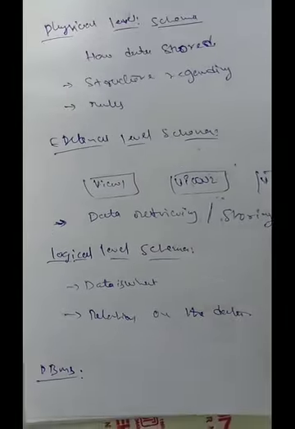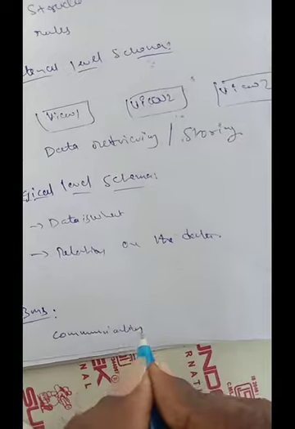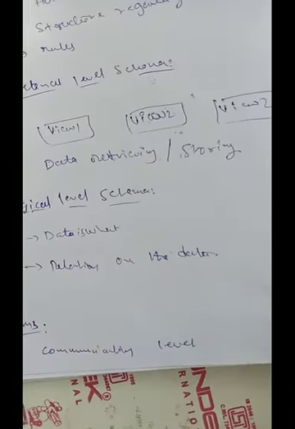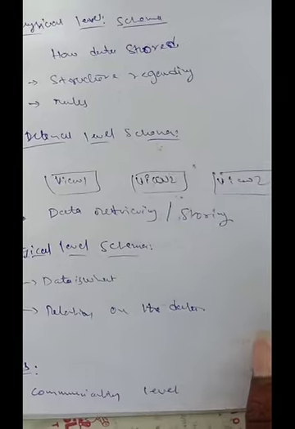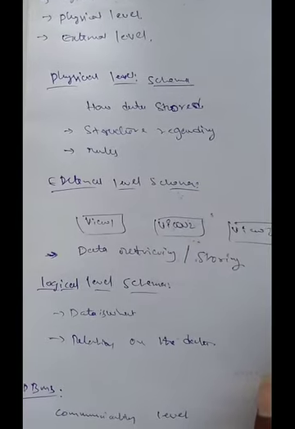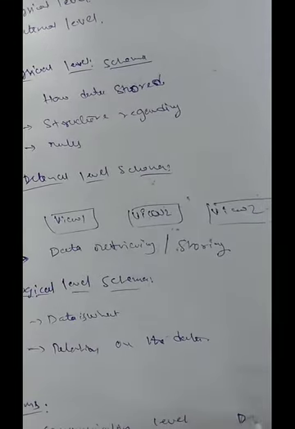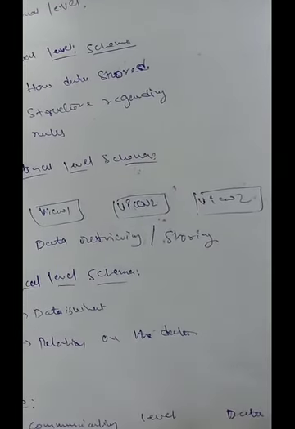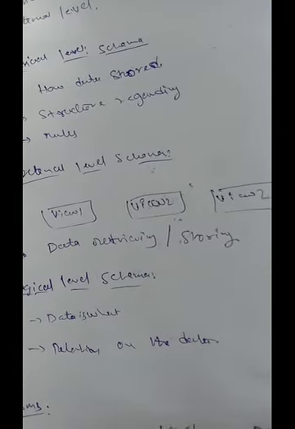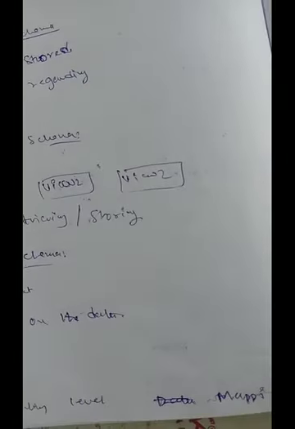The DBMS allows communication between these three levels. Whatever message or communication is requested by these three levels is operated by the DBMS, and the communication is called mapping, not data independence. So the communication between those levels is called mapping.